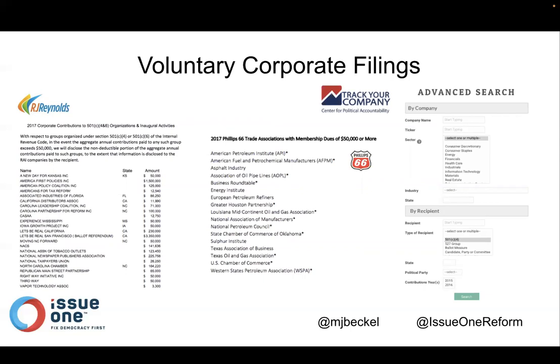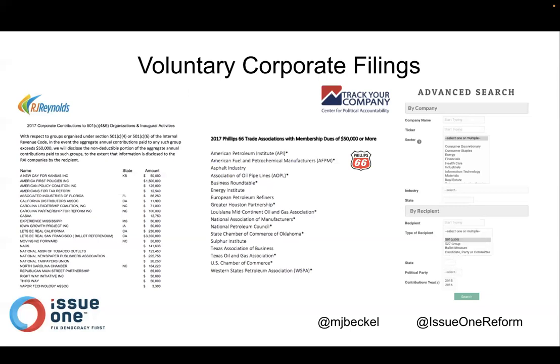And because these are voluntary filings, the filings themselves sometimes contain very disparate types of information. Some companies will tell you down to the exact dime how much money they're giving to a politically active nonprofit or candidate, and some groups will just simply say, here are all of the politically active nonprofits and trade associations that we gave at least $50,000 to, or at least $100,000 to, or at least $500,000 to.